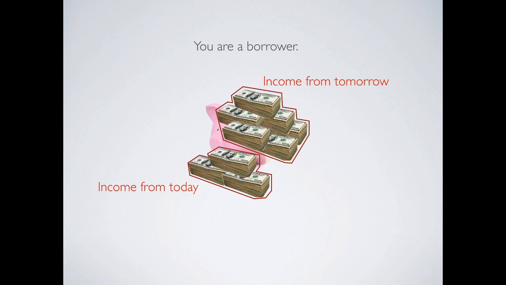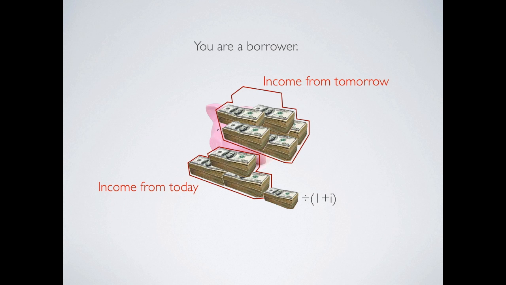However, if you are a borrower, then you are moving some pile of cash from tomorrow to today. And remember that any money from the future you move to today will be deflated by dividing it by 1 plus i, which we call discounting.